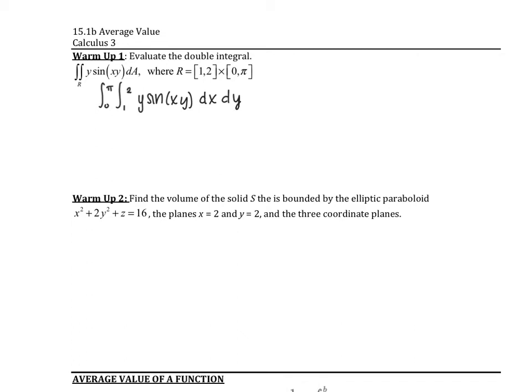So I'm going to start with this integral here. Taking the integral of that, we would get negative y cosine xy over y, evaluated when x is from 1 to 2.